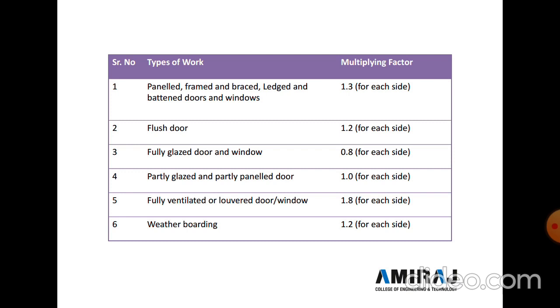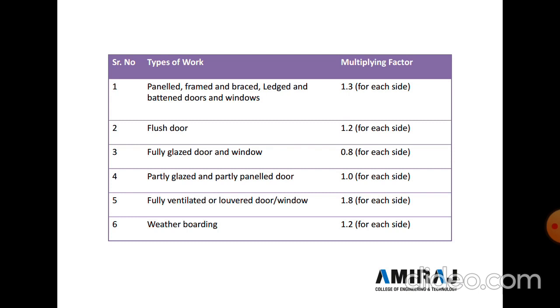Partially glazed and partially paneled door has multiplying factor 1.0 for each side. Fully venetianed door and window has multiplying factor 1.8 for one side. And weatherboarding, we take multiplying factor 1.2 for each side.